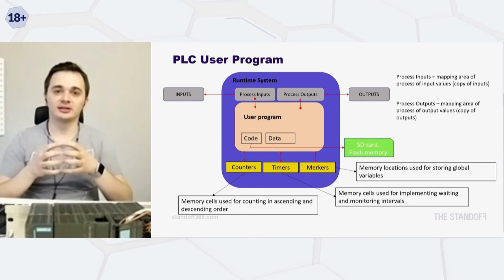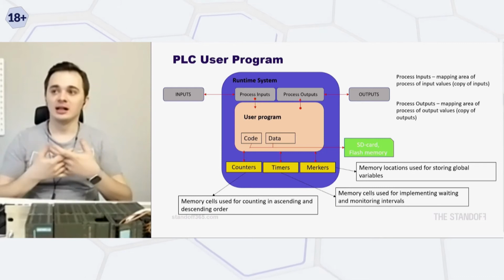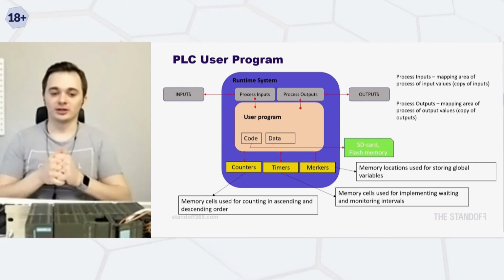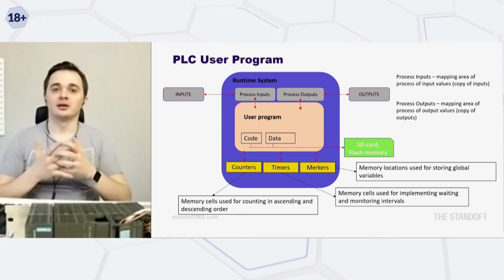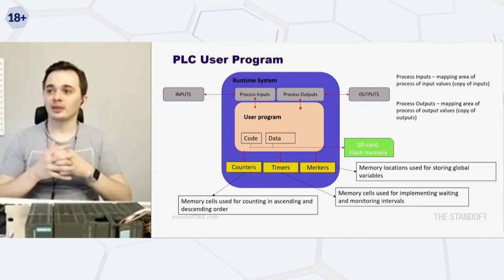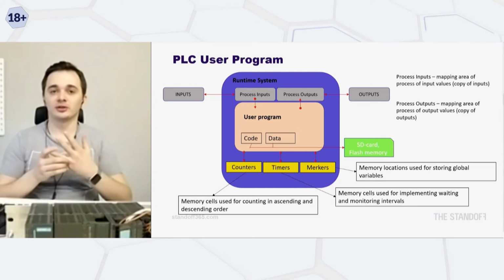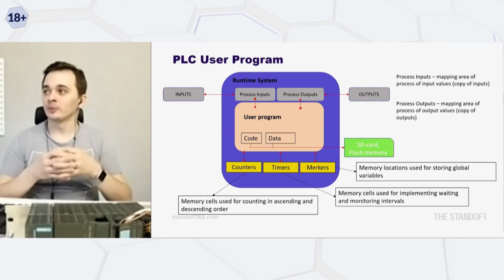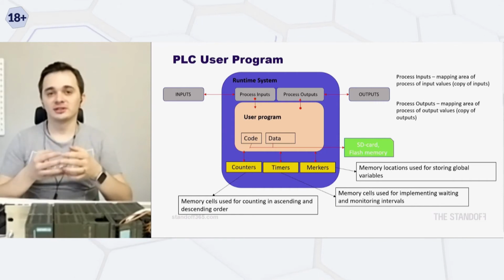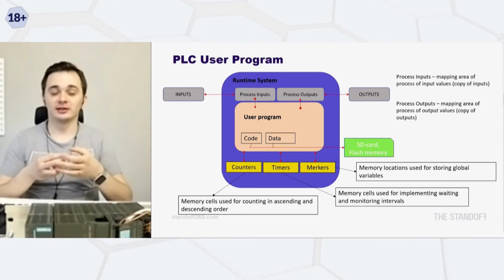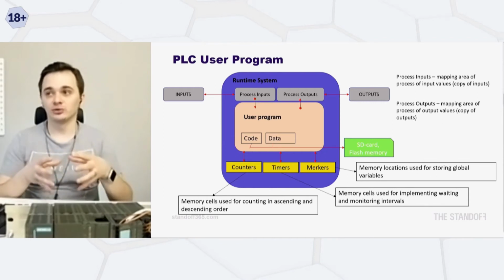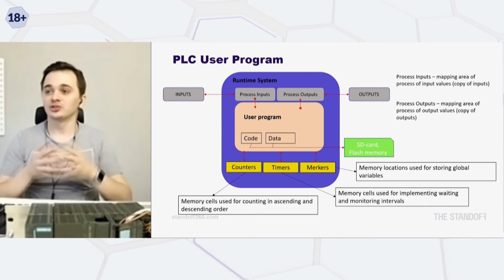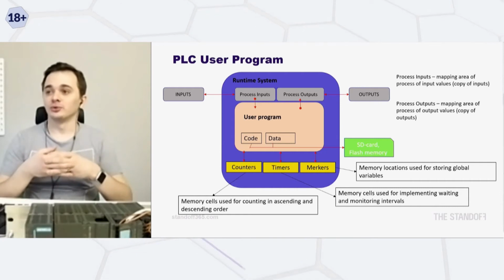The program executed by the PLC is executed inside the runtime. It is the environment where the program is executed. The inputs are read, and the same refers to outputs.